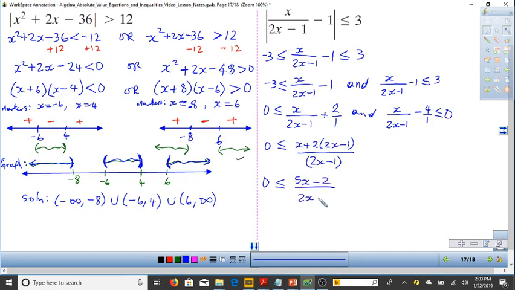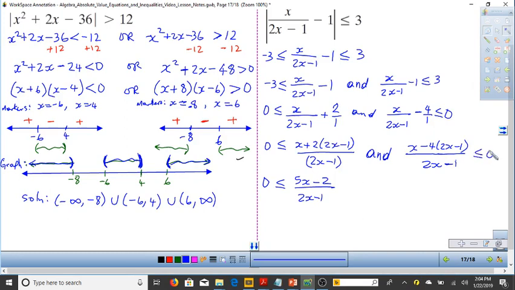And over here, notice the word I'm writing now is "and" not "or", because in this case both statements must be true at the same time. So we have x minus 4 times 2x minus 1 over 2x minus 1, and that should be less than or equal to 0.